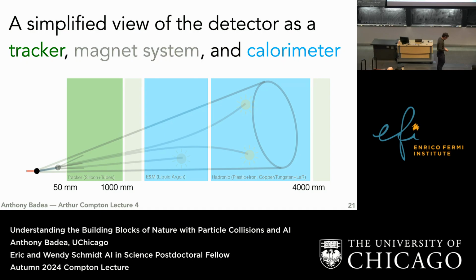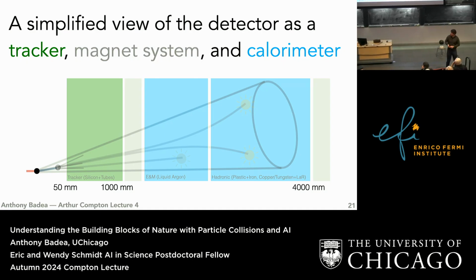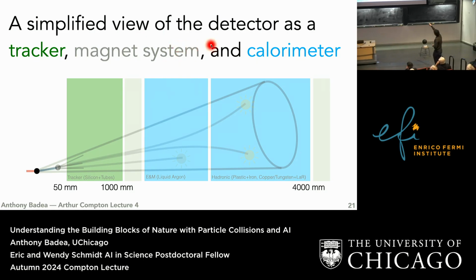And so then if you take an alternative view, which is you go to the detector level, and here we'll just take a very simplified view of the detector. If I place the origin here, which is where the particles come in, then at roughly 50 millimeters, we have a tracker. There's a magnetic field surrounding it.